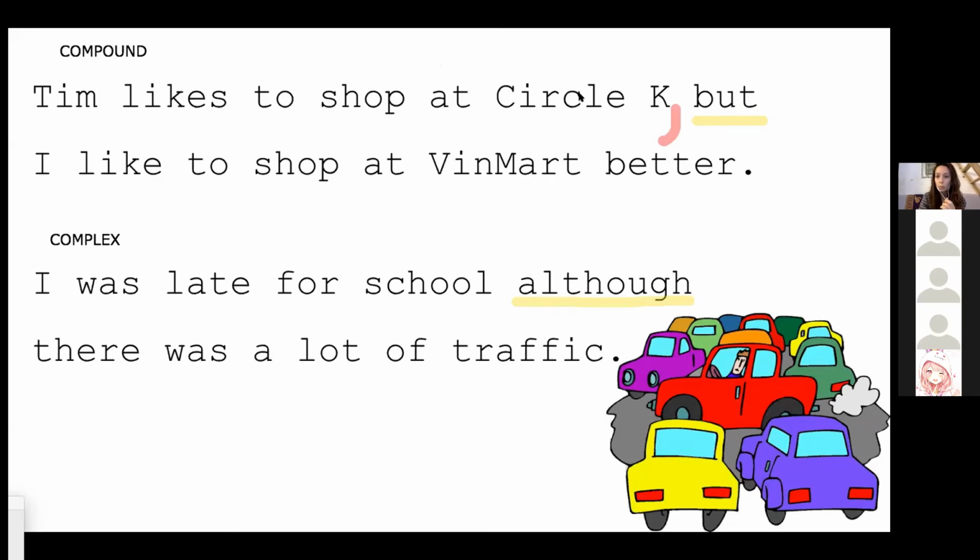So remember, we said earlier, we use subordinating conjunctions to show a relationship between the two events. So by saying, I was late for school, although there was a lot of traffic, I'm basically saying, even though there was a lot of traffic, I was late for school. Does that sound correct? No. So we need to choose a better word than although.